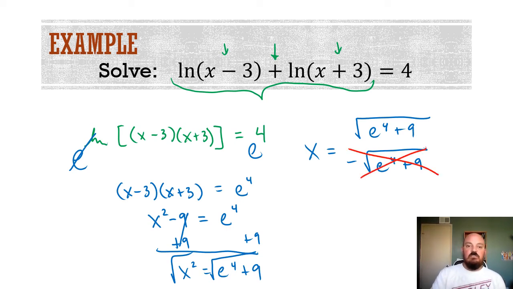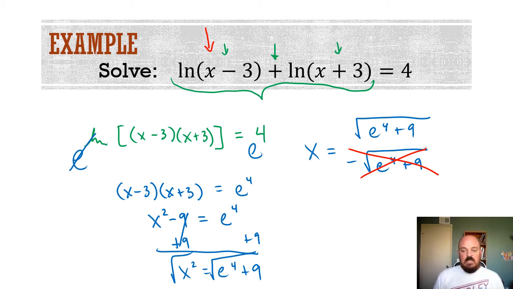The reason is, if you look just at this first natural log function right here, if I take a negative number, which is what I have, negative square root of e to the 4th plus 9, whatever it is, if I subtract 3, it's obviously still negative. So no negative number can possibly work here. Negative minus 3 is still negative, so it's extraneous.